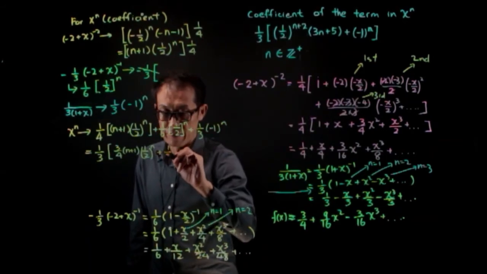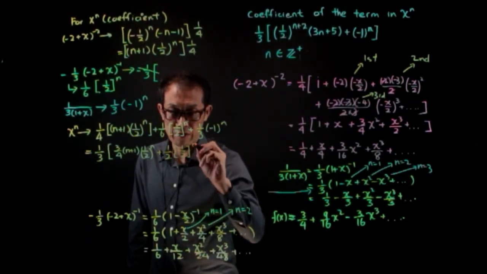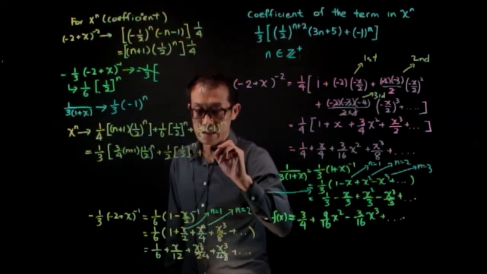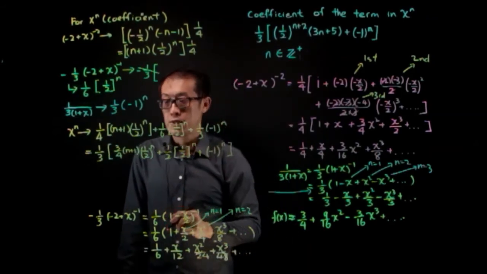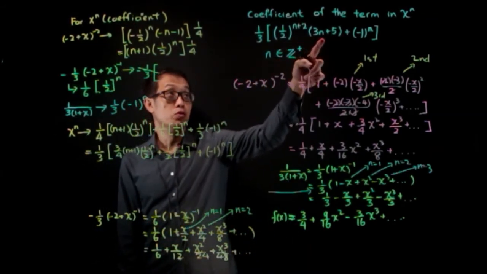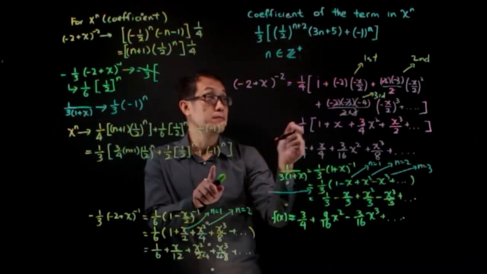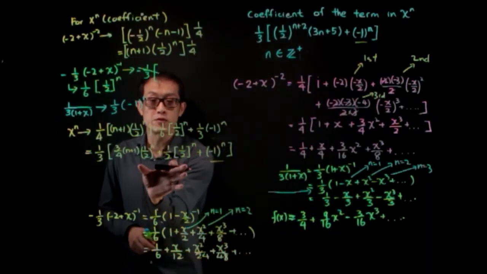Then you have half into half to the power of n. And this is minus 1 to the power of n. Now they have n plus 2 being taken out from these two expansions. This one we already got, so don't touch it.